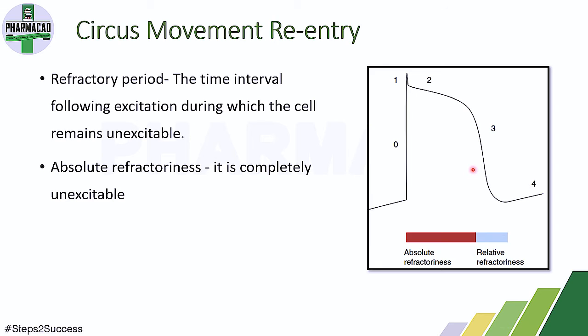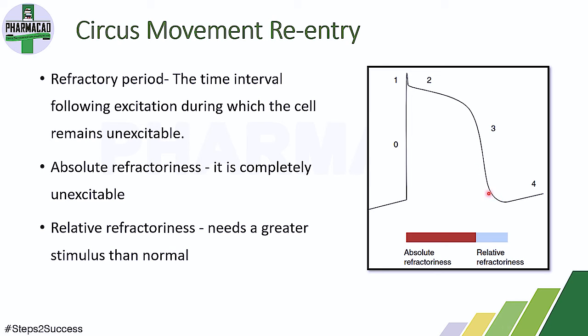The last part of this action potential, this part where it is actually going below the resting potential and then it is coming to normal potential. So this is hyperpolarization. Okay, the resting potential is -90 and this is below -90.